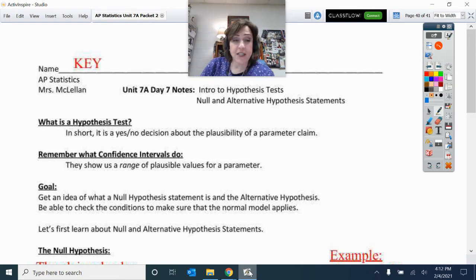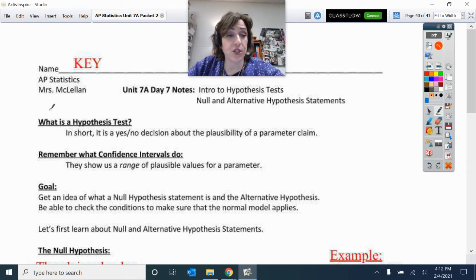Let's first talk about the difference between what we just finished, a confidence interval, versus this thing called a hypothesis test. A hypothesis test is basically a yes or no decision saying that we have evidence to reject the null hypothesis, or we do not have evidence to reject that claim.